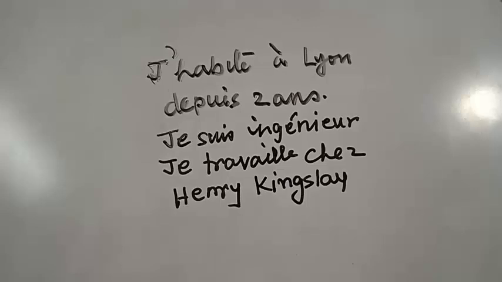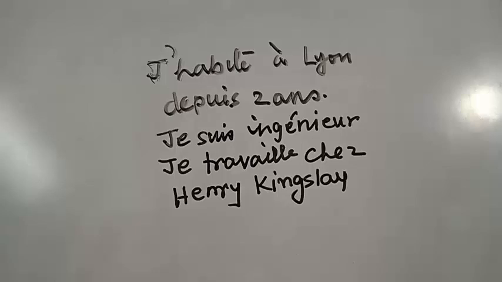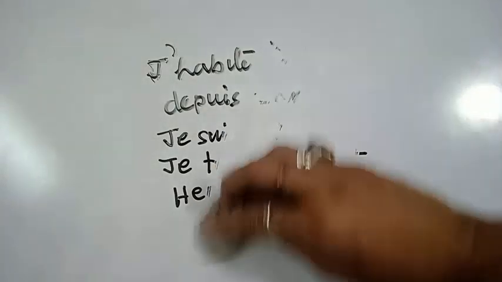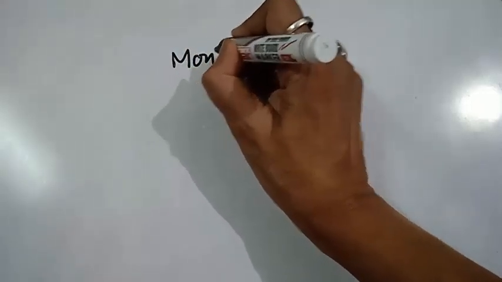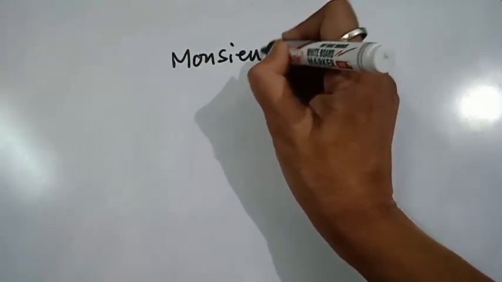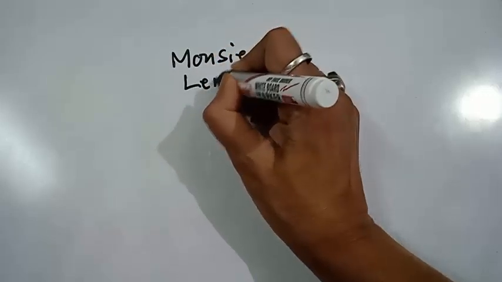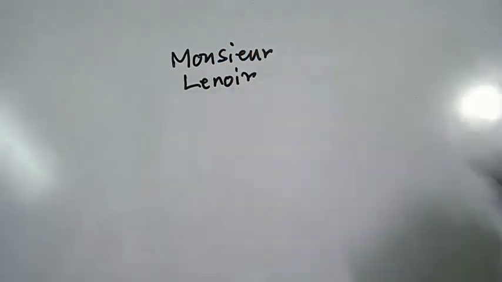Okay. Now, suppose we are assuming that this introduction is being given to another person whose name is Monsieur Lenoir. Monsieur Lenoir is the person on the opposite side to whom Manuel is speaking.